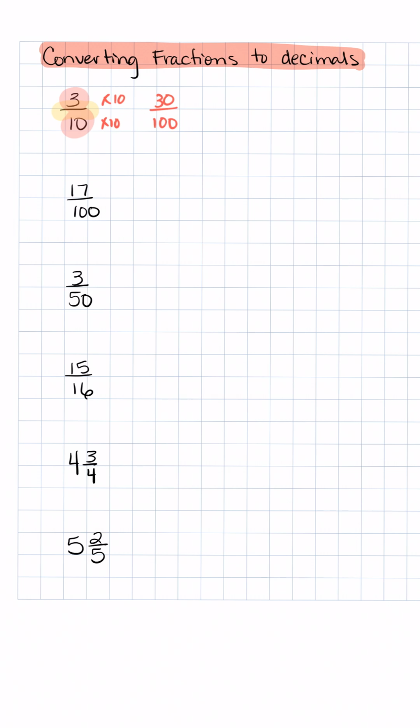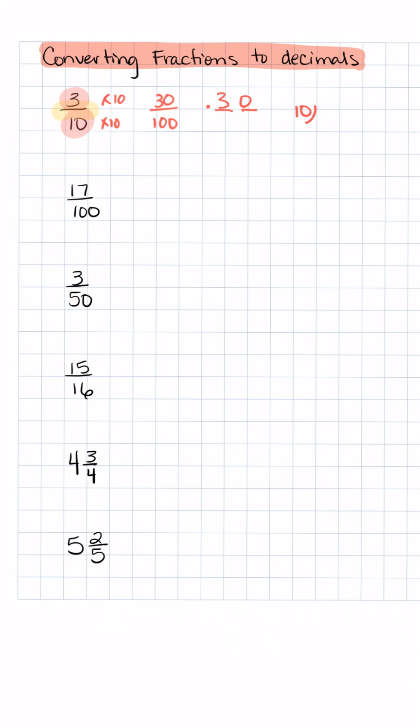The hundredths place is right after the decimal: you have the tenths, then the hundredths place. So this is basically saying 0.30. It's a little bit more complicated that way, so I'd encourage you to just divide.